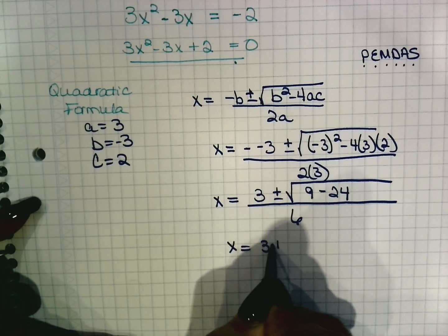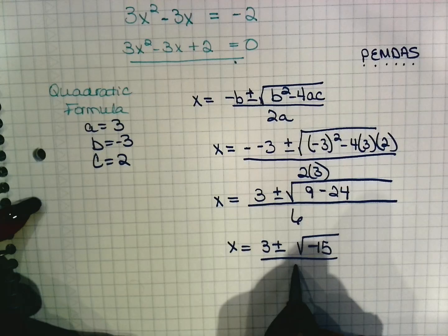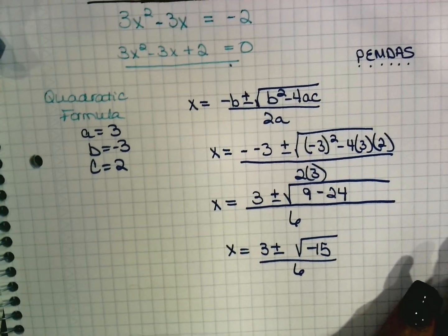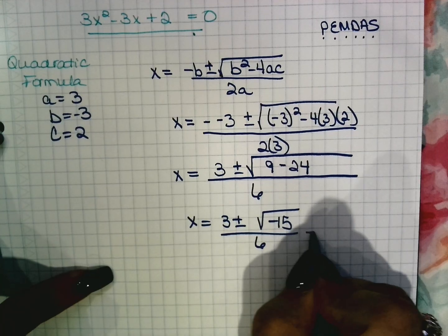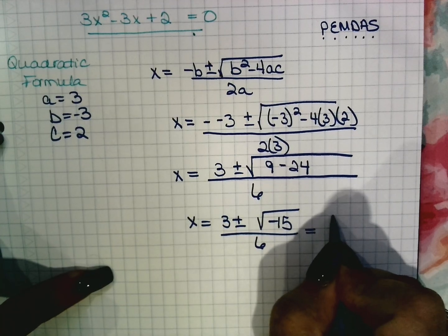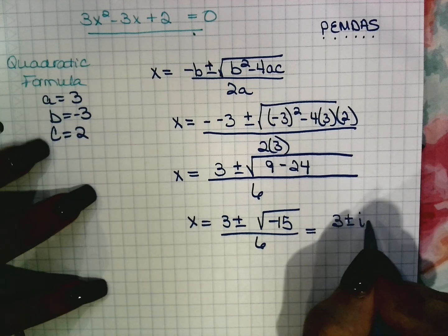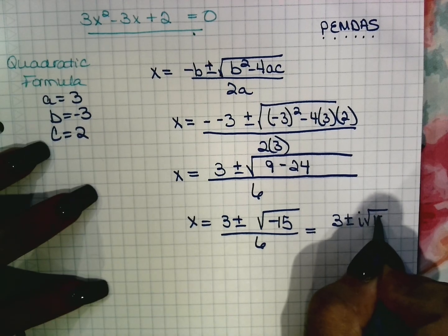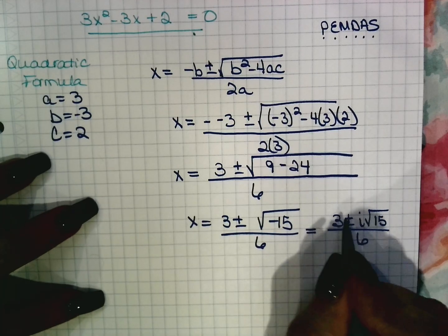This is going to give me square root of -15 over 6. Well, thank goodness we did quadratic formula, because we're going to get an imaginary here. And this is going to be 3 plus or minus i. We just pull the i out. Square root of 15, nothing you can do with 15, over 6.